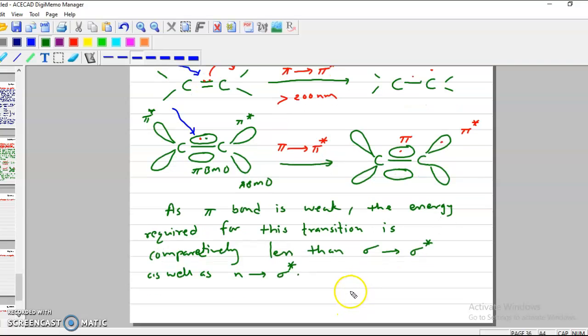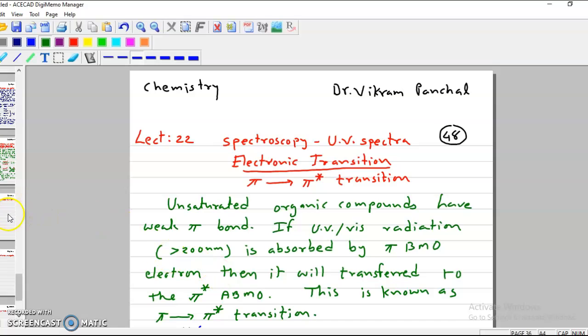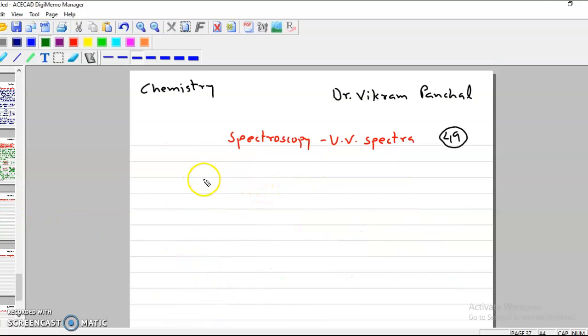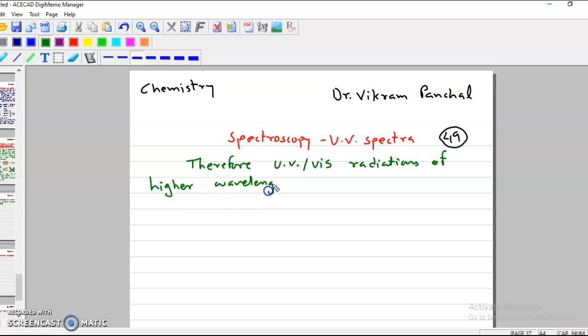Therefore radiation, UV visible radiation, of higher wavelength is required.